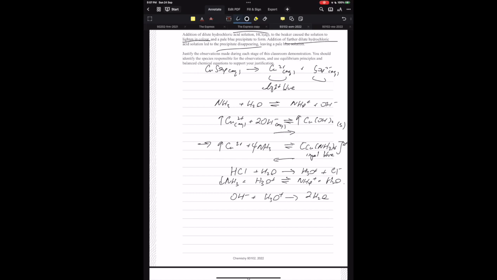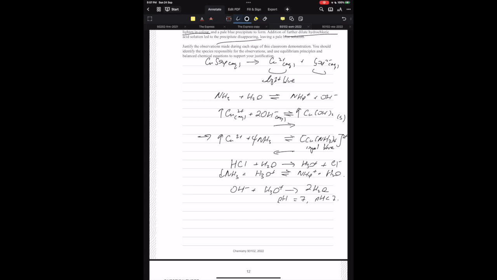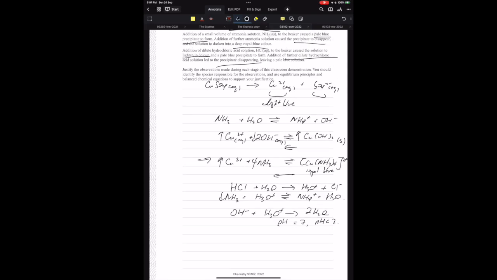So any hydroxide ions in the solution have been completely neutralized by the hydronium, and this would probably be the situation where the pH is either equal to 7 or less than 7. The solution is either acidic or neutral. And so because the hydroxide in the solution has decreased, this equilibrium is shifted backwards to replenish that. And so again, you have a dissolution of the precipitate, and the precipitate disappears.